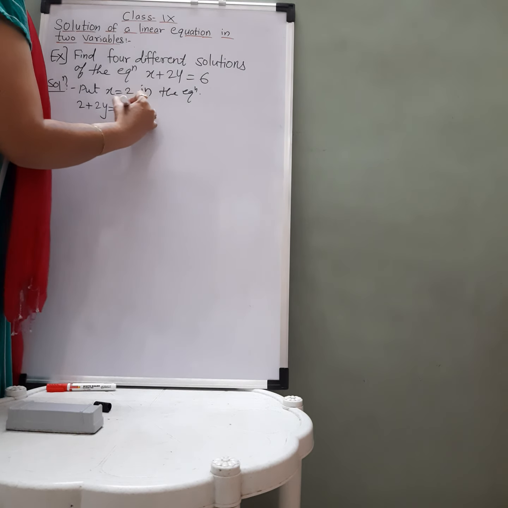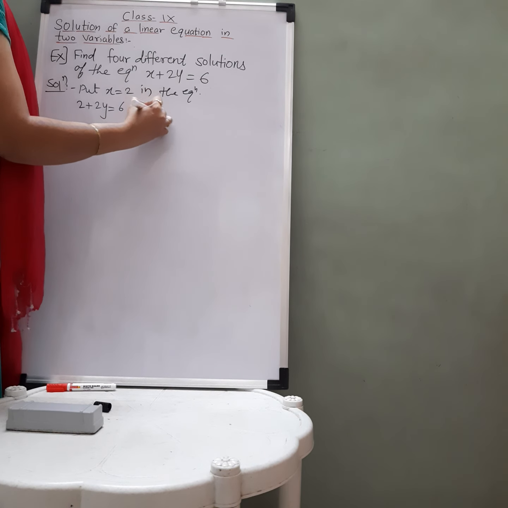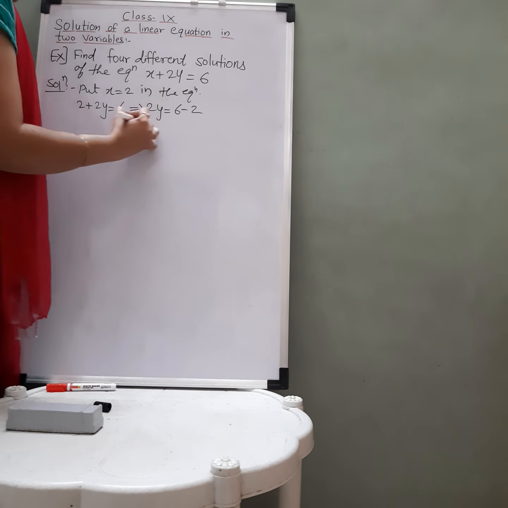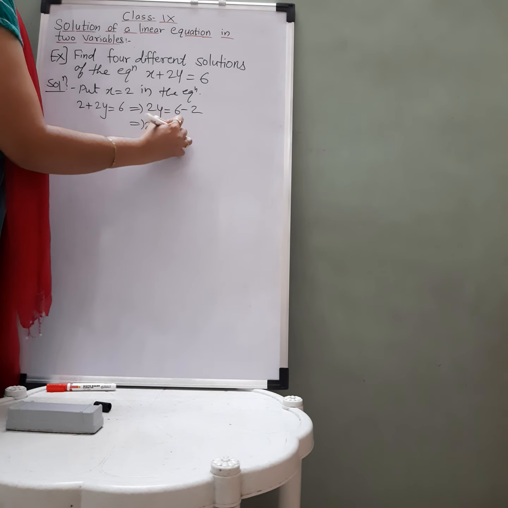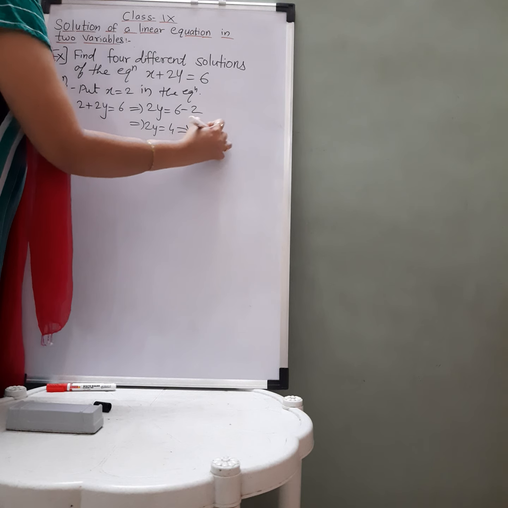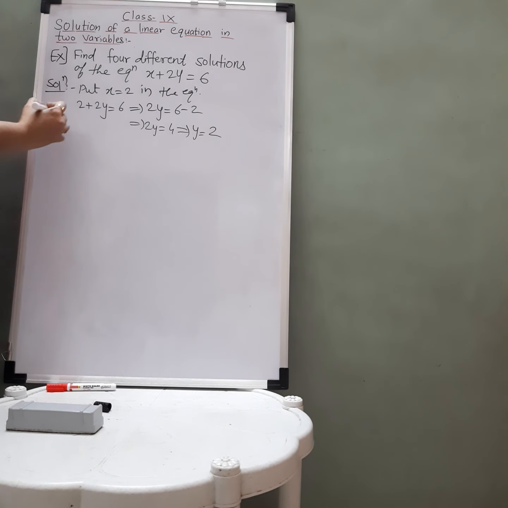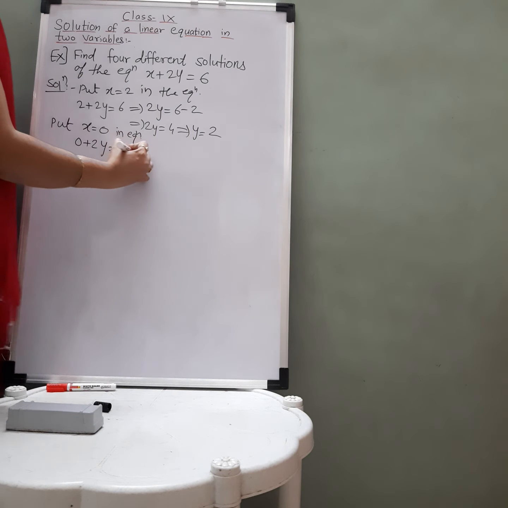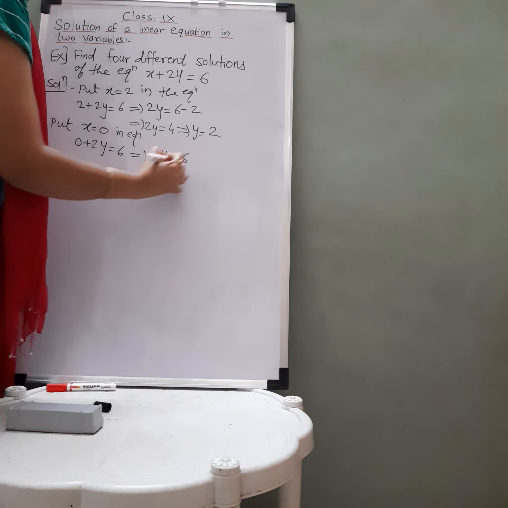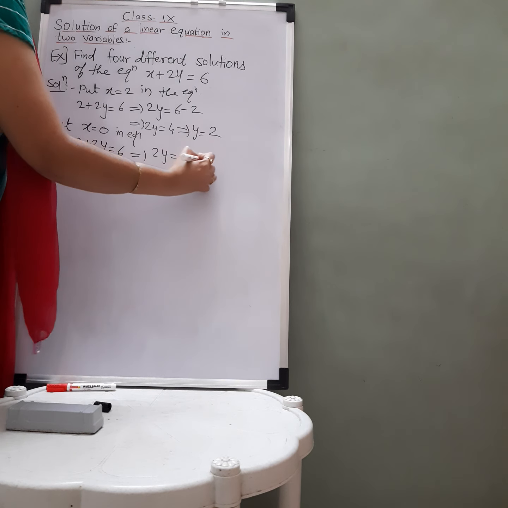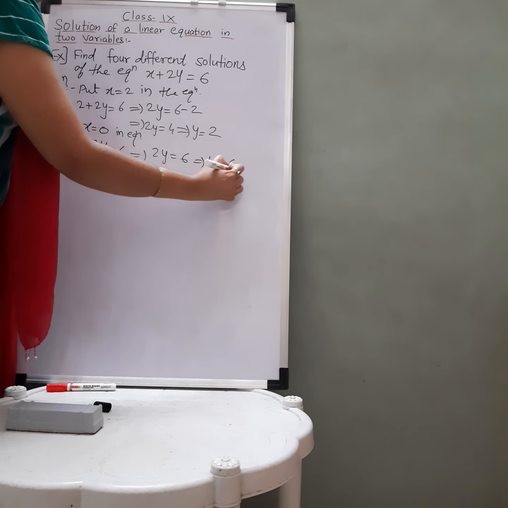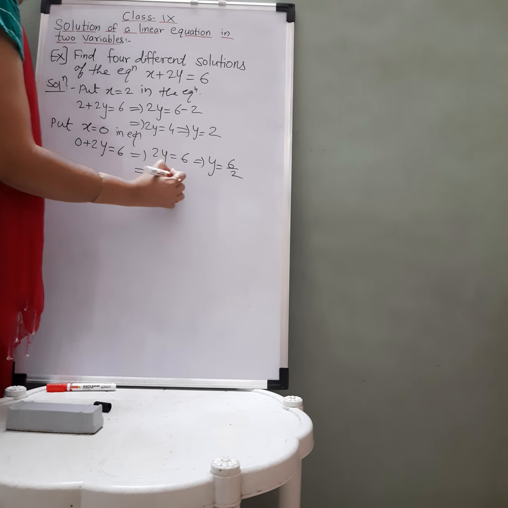Now transposing this 2 to RHS, you will get 2y is equal to 6 minus 2, implies 2y is equal to 4, implies y is equal to 2. Now if I put x is equal to 0 in the given equation, then we will get 0 plus 2y is equal to 6. This implies 2y is equal to 6, implies y is equal to 6 upon 2, that is y is equal to 3.